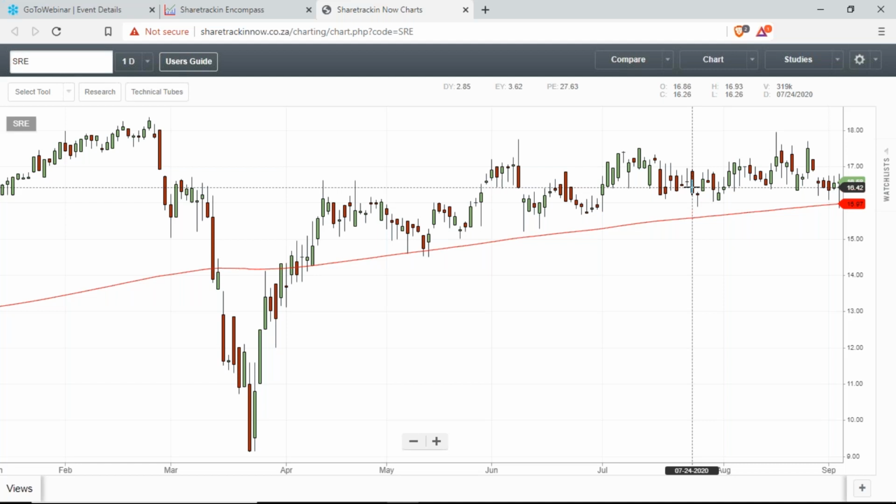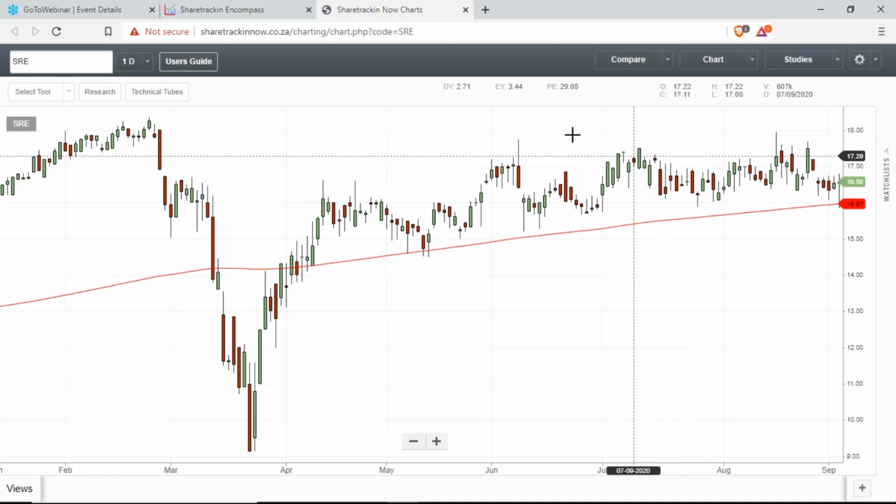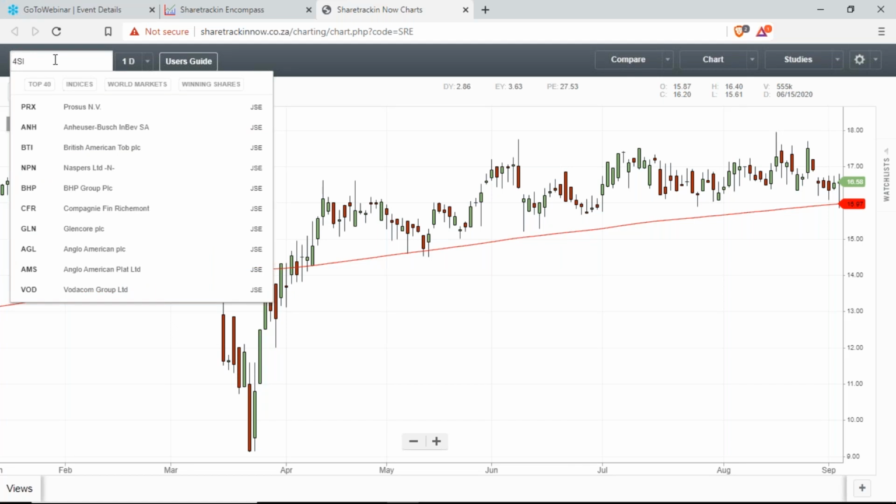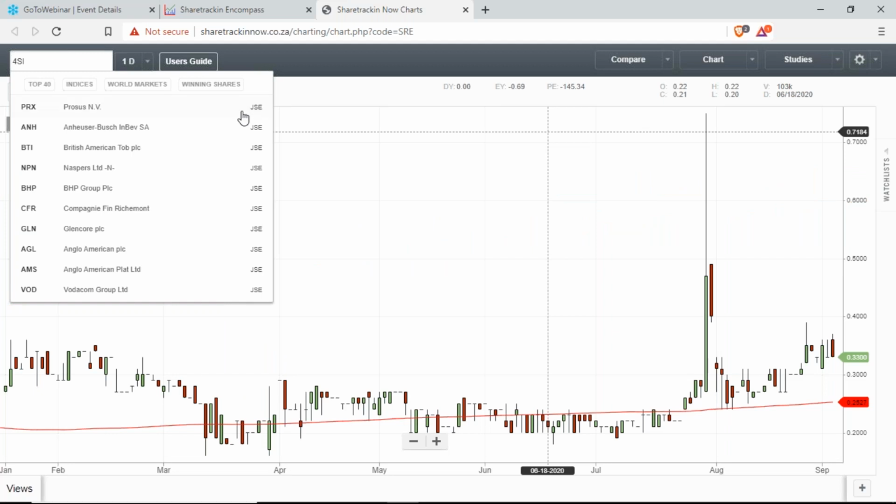The reason for that being is, let's say I want to invest in 4SI. If I click there on the left-hand side, that white block, and I type in 4SI and I press enter, it will now shift to 4SI.